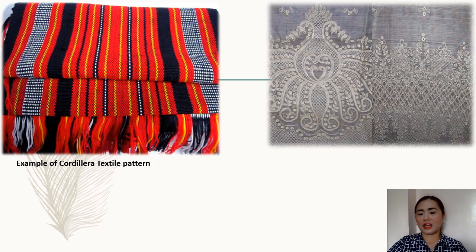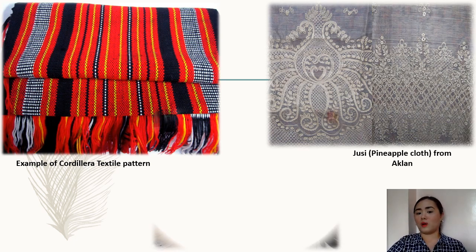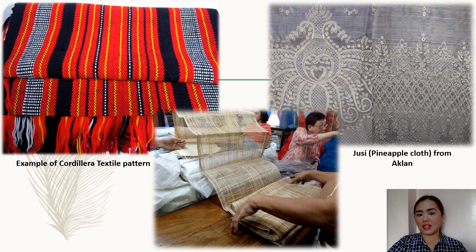Now, from the Visayas, we have an example of a hablon or pineapple cloth from the province of Aklan, which is used to create barong Tagalog. And here in Mindanao, we have an example of an abaca fiber cloth. That is why during the 1900s, the Davao region became one of the major players when it comes to abaca production, specifically abaca ropes used for the ships during the war.